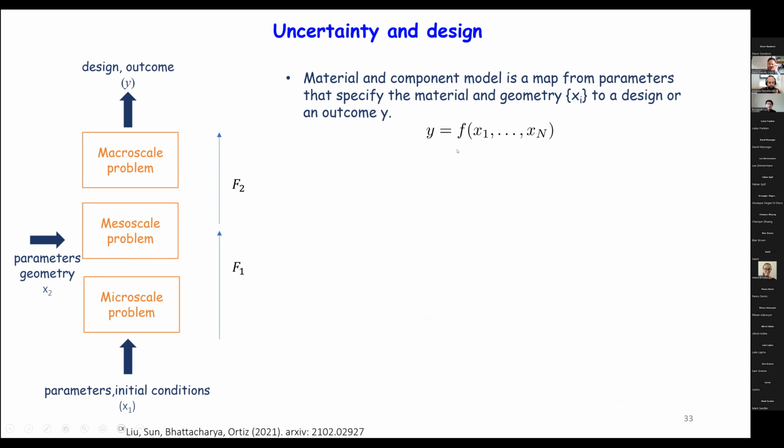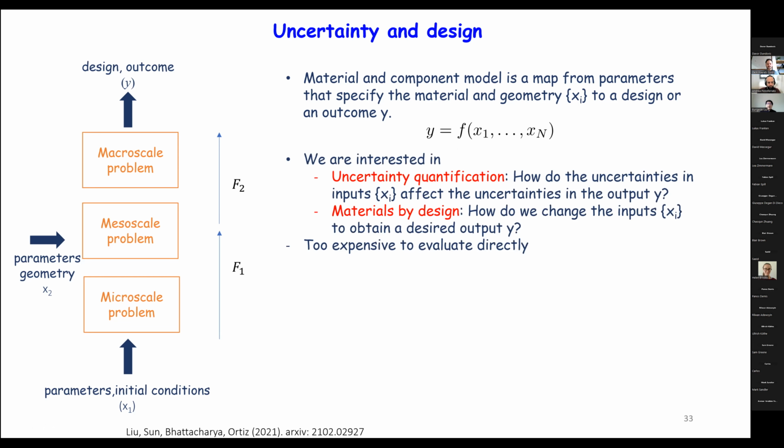So we think of our full system response as y equals f, a response function that takes input uncertainties, which could be from parameters or geometries, as x1 to xn. First is the question of uncertainty quantification: how do we quantify uncertainties in input xi that affect uncertainty of output y? The second question is, if we're going to do material by design, what are the consequences of changing input x that let us obtain a design output y?